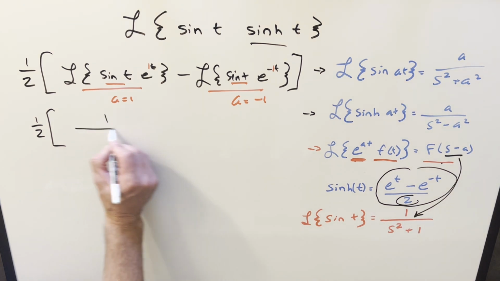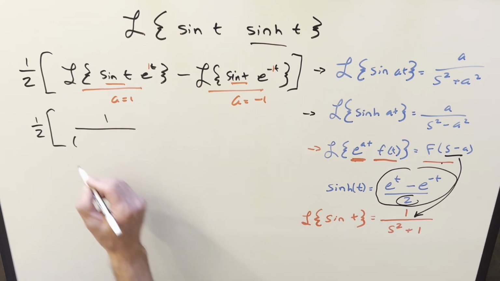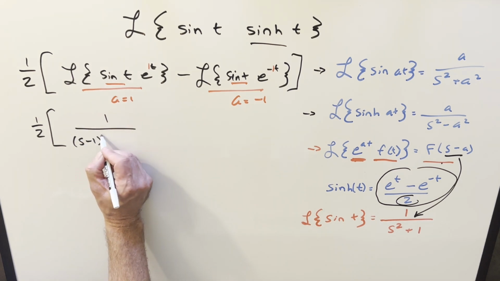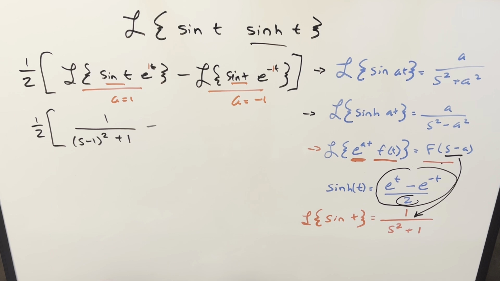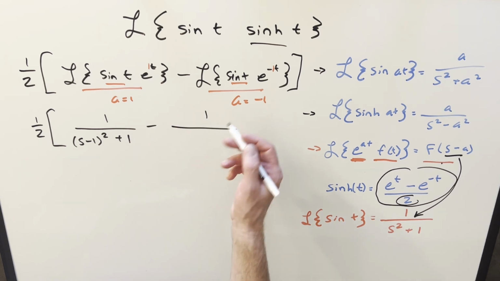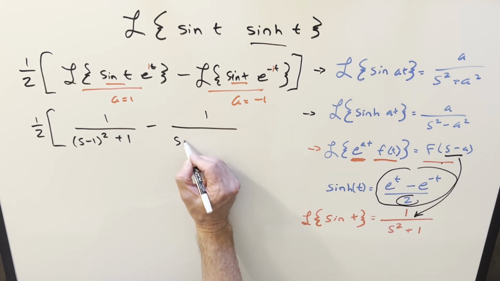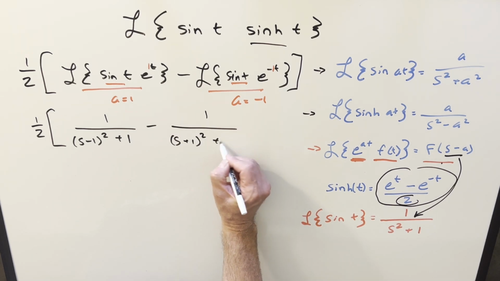So the s minus a here is s minus 1, so we plug in 1 over (s minus 1) squared plus 1. We do the same kind of thing on this second one. Same formula, but now the s minus a, when a is -1, becomes (s plus 1) squared plus 1.